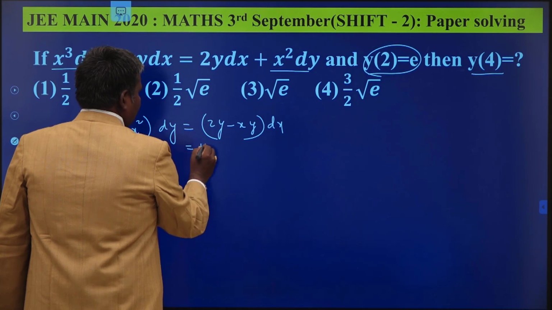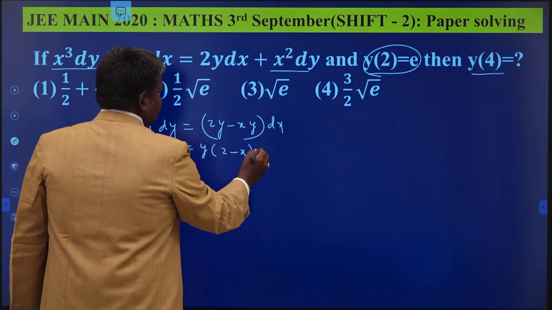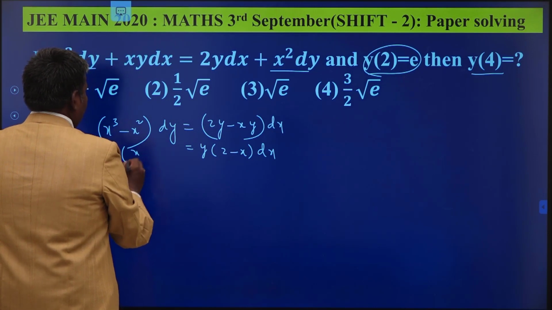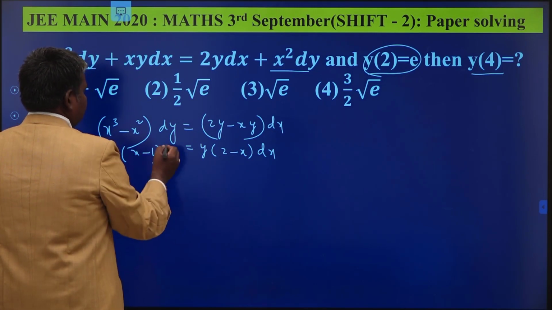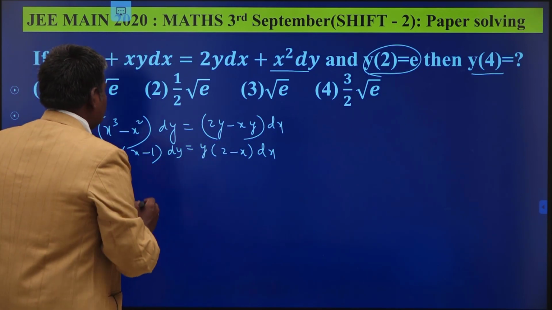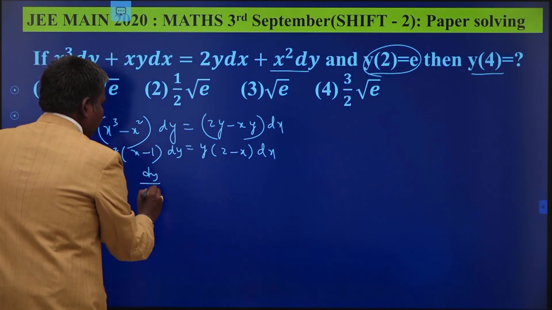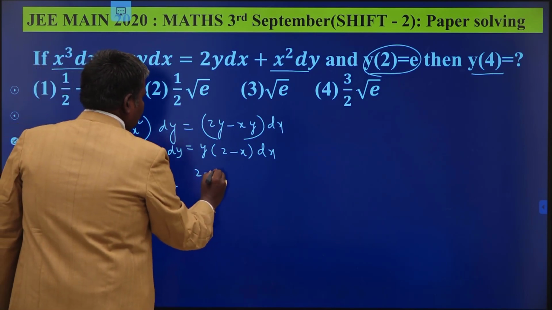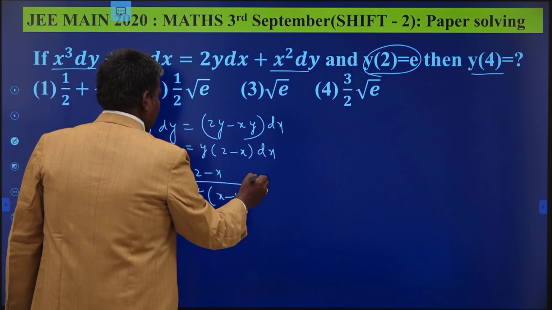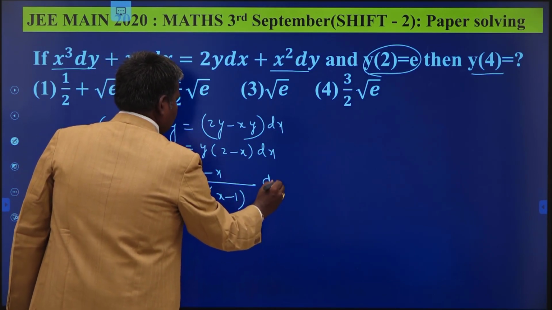You can take y common, y times (2 minus x) dx. This is x square times (x minus 1) dy. Now it is ready to separate the variables. dy by y is equal to (2 minus x) by x square times (x minus 1) dx.